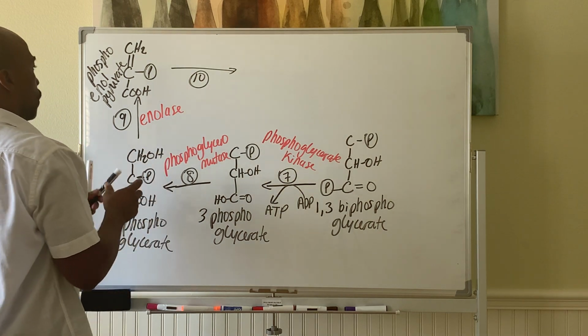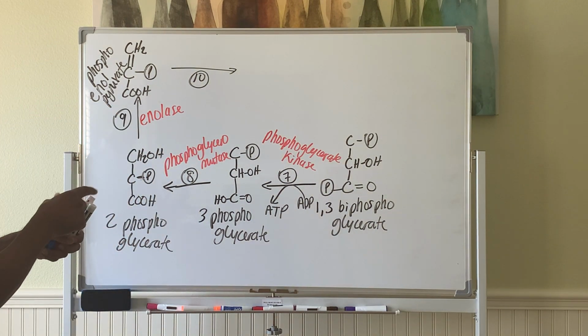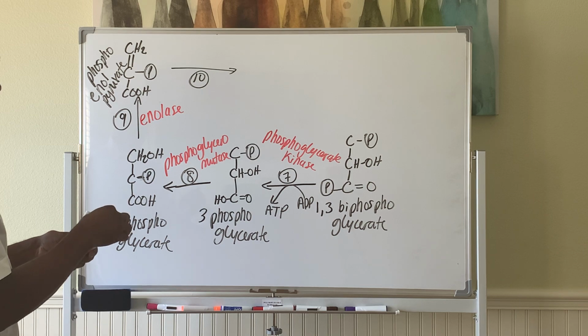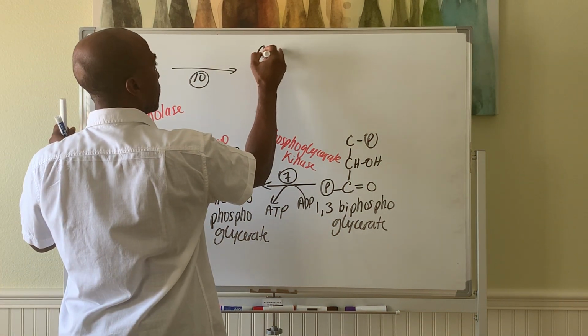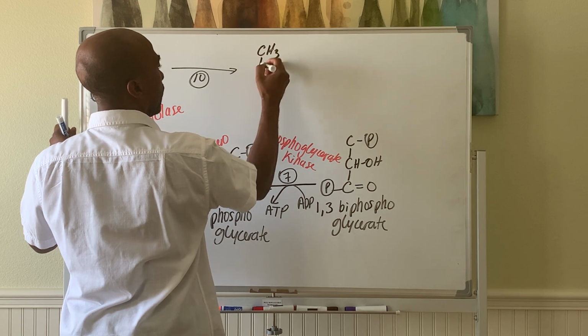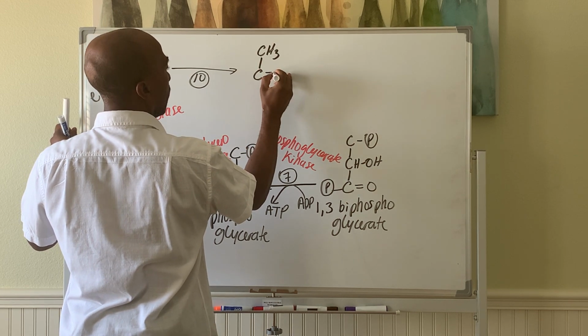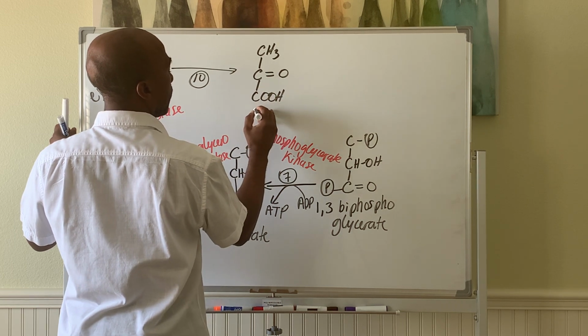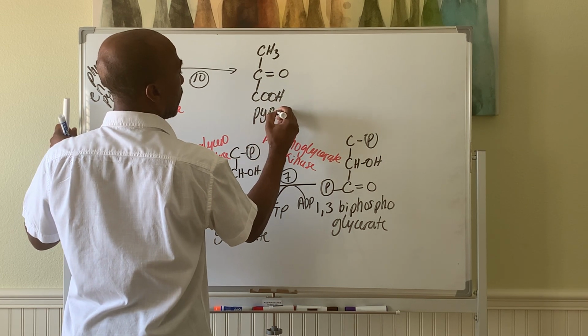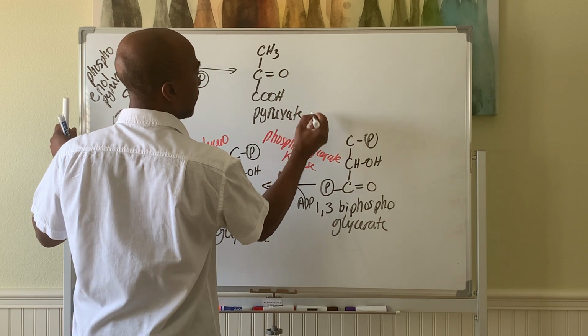And then in reaction 10, here you're going to remove that phosphate group, and then you'll be left with a molecule called pyruvate. So now you're left with this CH3, C there. Okay. This is called pyruvate.